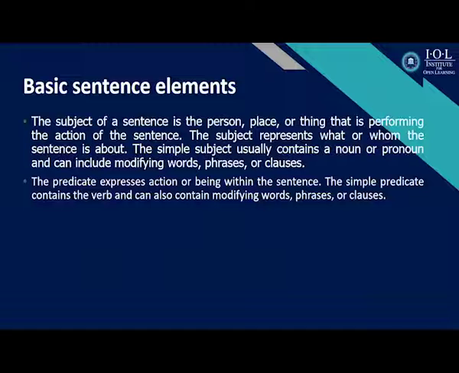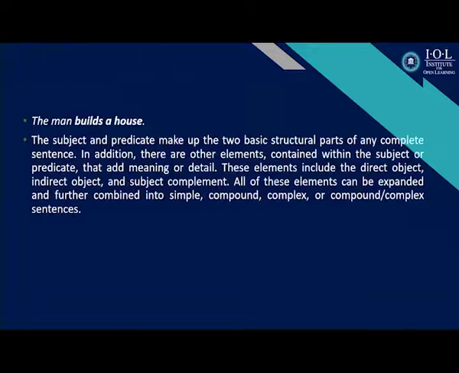The subject of a sentence is a person, place or thing that is performing the action of the sentence. The subject represents what or whom the sentence is about. The simple subject usually contains a noun or pronoun and can include modifying words, phrases, or clauses. The predicate expresses action or being within the sentence. The simple predicate contains the verb and can also contain modifying words.